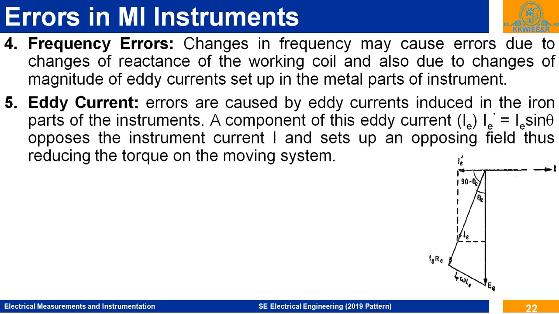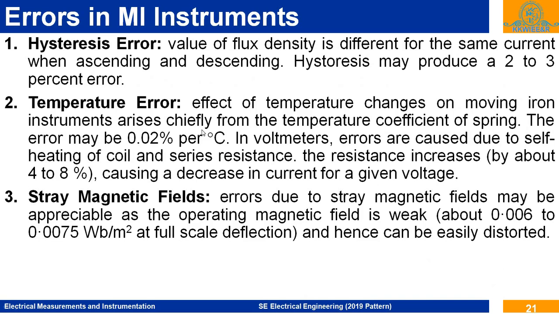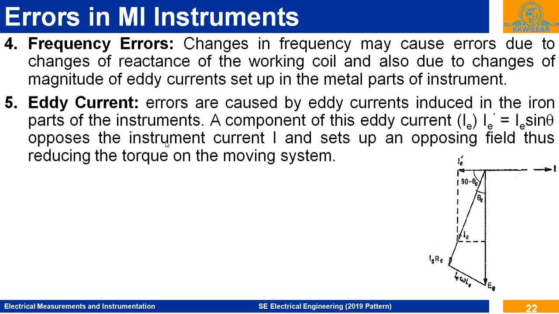If we resolve this eddy current, we get IE dash sin theta E, which will oppose the main current to be measured, and because of this, a reduced torque will be generated on the moving system. So these are the errors: hysteresis error, temperature error, stray magnetic field error, frequency error, and eddy current error. These are the errors occurring in the moving iron instrument.